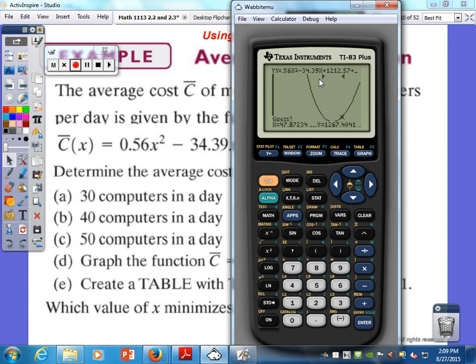I'm saying, hey, I think my minimum's somewhere between here and here. Would you guess it for me, calculator, and do my calculations for me? And it does. And it says the minimum cost is going to occur when we produce 41 computers.